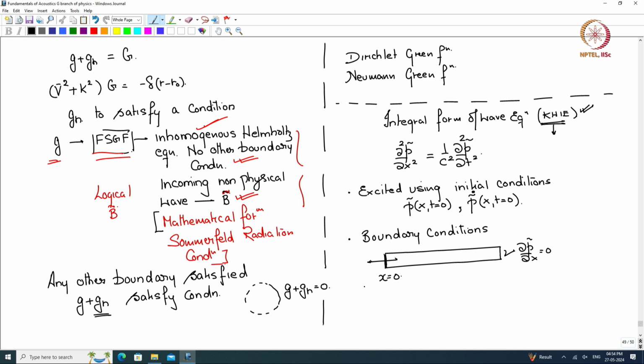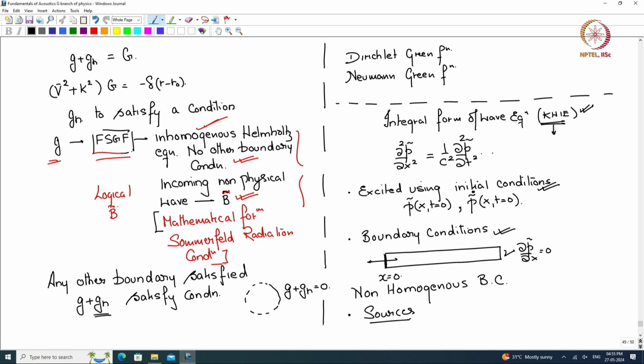So, this is a non-homogeneous boundary condition. So, we can drive the system using initial conditions, using boundary conditions, and we can also drive the system using sources.